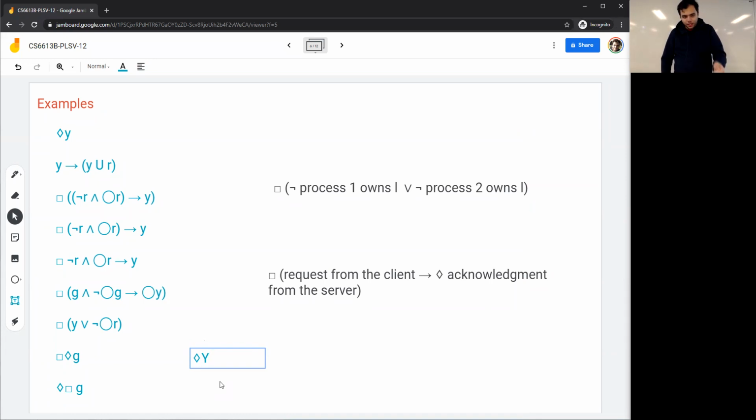So when I say eventually always green, this means that there is some point in time. So I'm ignoring a finite prefix of my trace and saying that from this point onwards, green is always on. Okay. So in other words, always eventually green is very different from eventually always green.